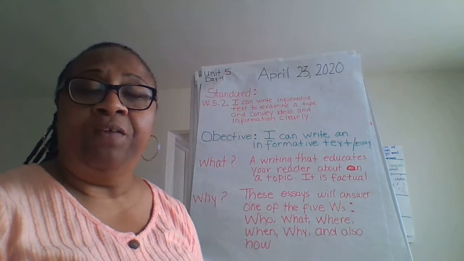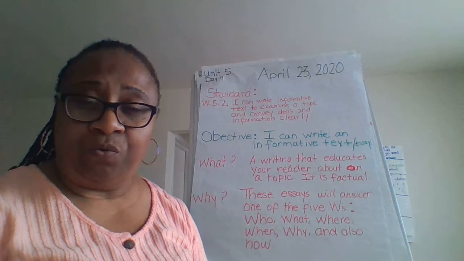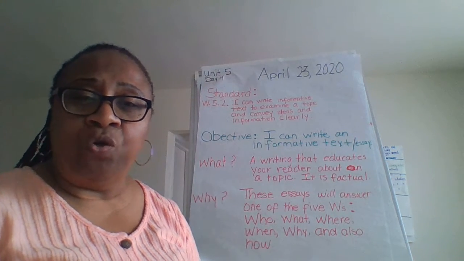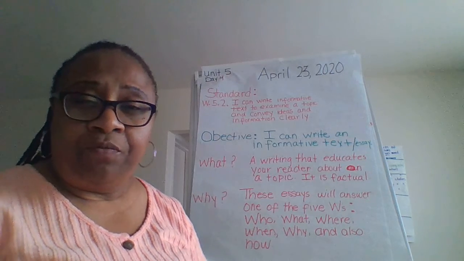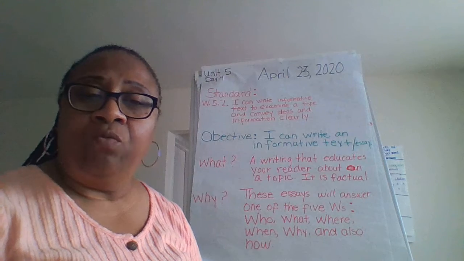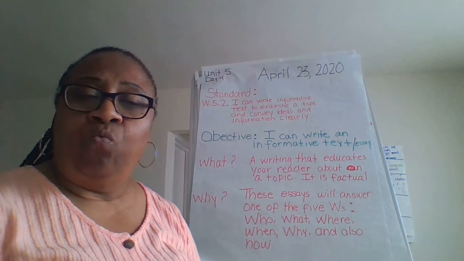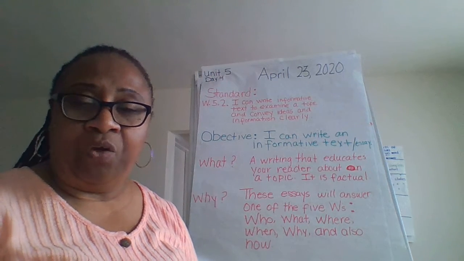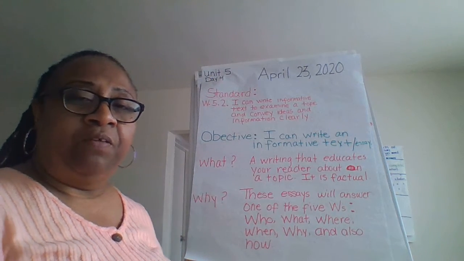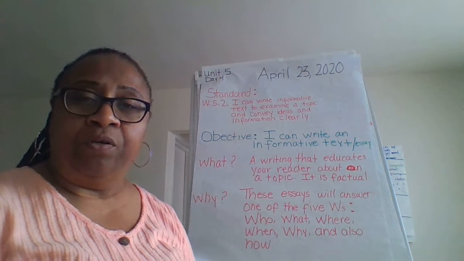And they also give us information on how something happened. So it could be one or a couple of them, but it will cover these areas: who, what, when, where, why, or how. That is why informative essays are important.